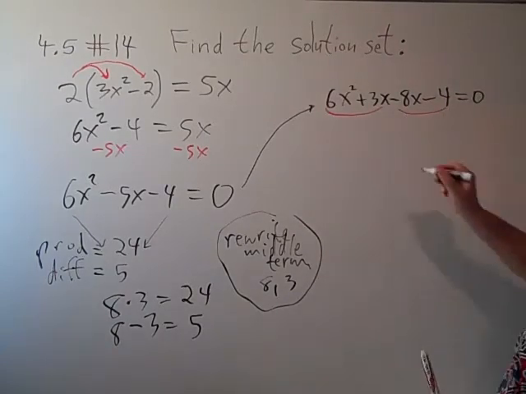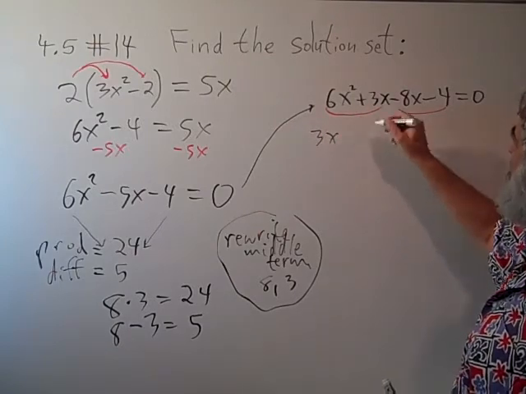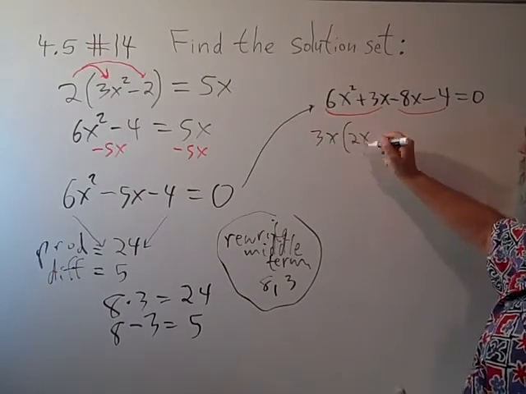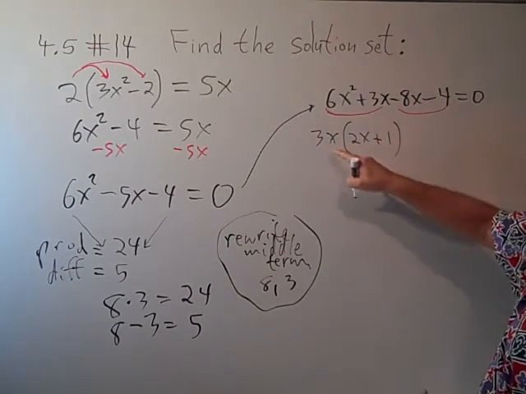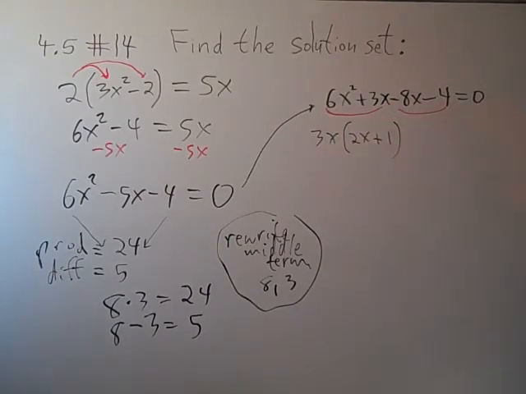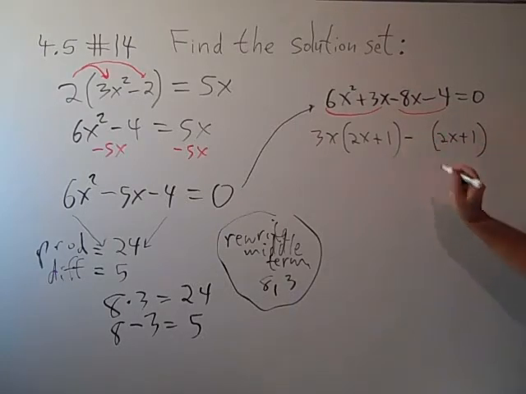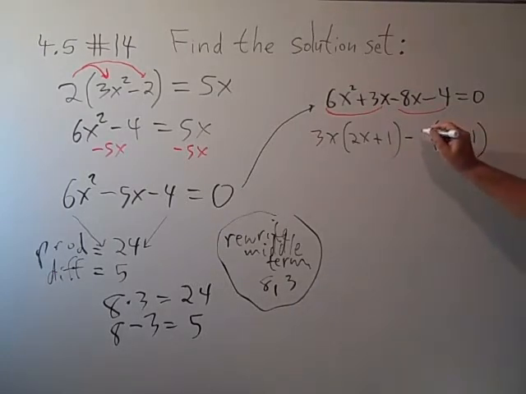Factoring out 3x from the first two terms, 3x times 2x is 6x squared, and 3x times 1 is 3x. Then 2x plus 1 must also be a factor of the next two terms. So what was factored out must have been a negative 4.